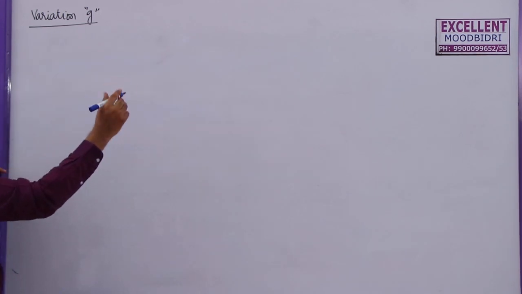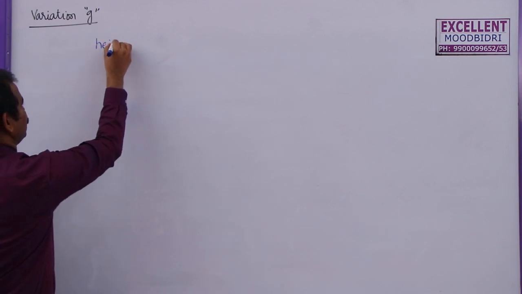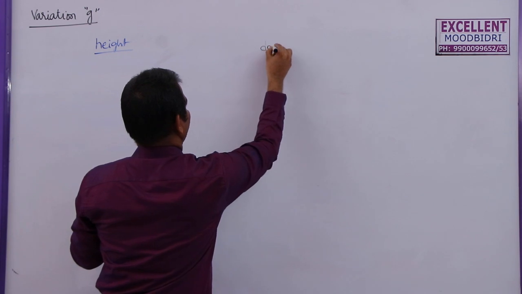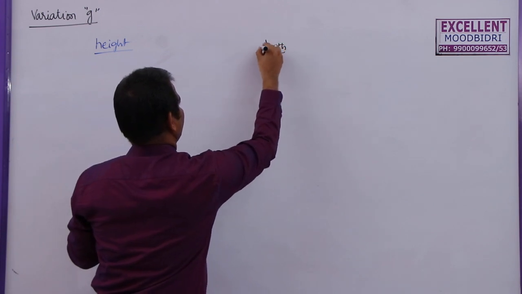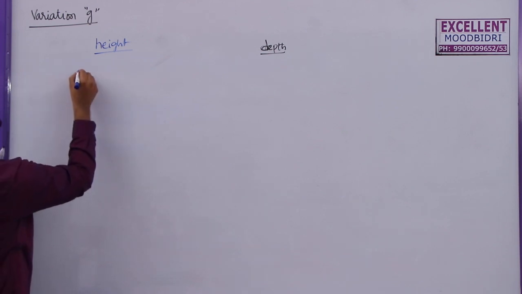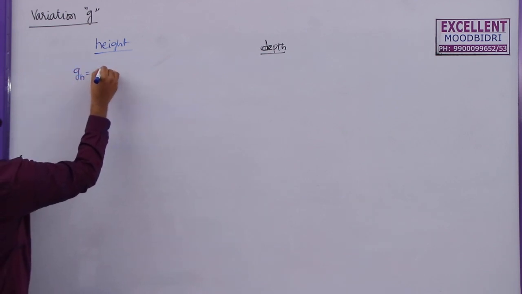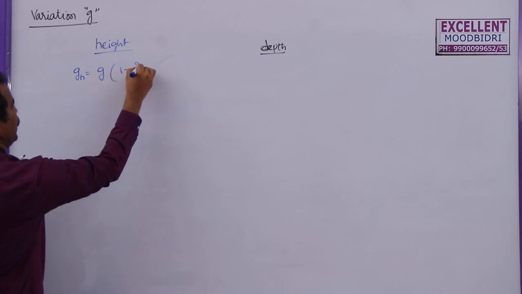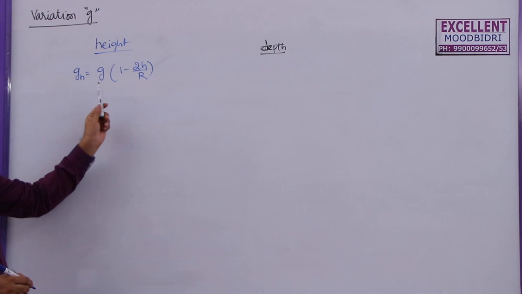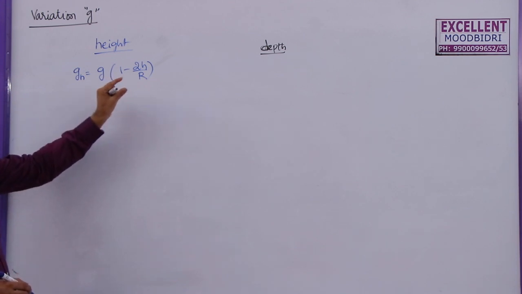So these are the two cases so far. Height is the first one, depth is the second one. In these two cases, what is the formula for height above the surface of earth? g_h is equal to g of 1 minus 2h by R. Remember, you can use this formula only if h is very small.